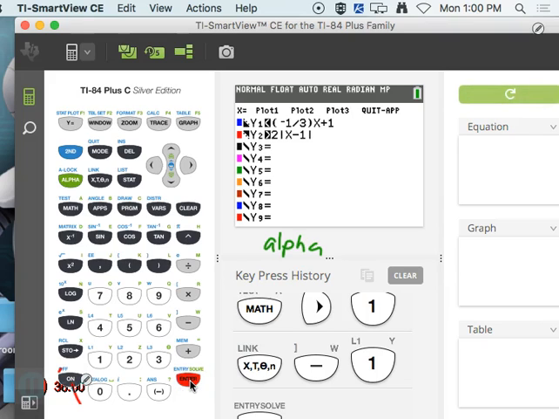Mine is parentheses, and that's okay. You can still put it in the parentheses. It's just a little bit older model, that's all. We'll get everything. Yeah, we'll make the graph.